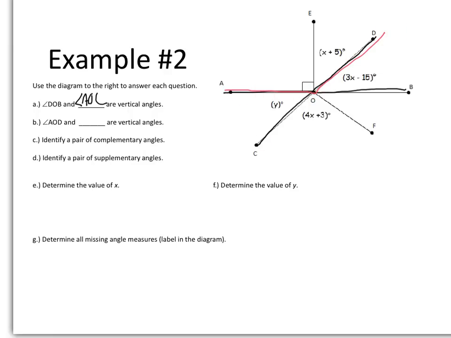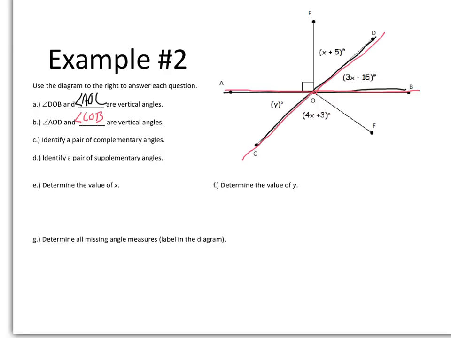Well, as you can see, I'll continue doing this in red. The other angle that uses both of those lines and is directly across from it is angle COB. So therefore, angle AOD and angle COB are vertical angles.